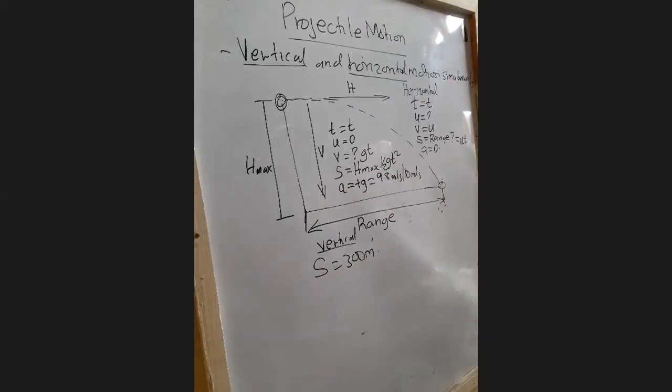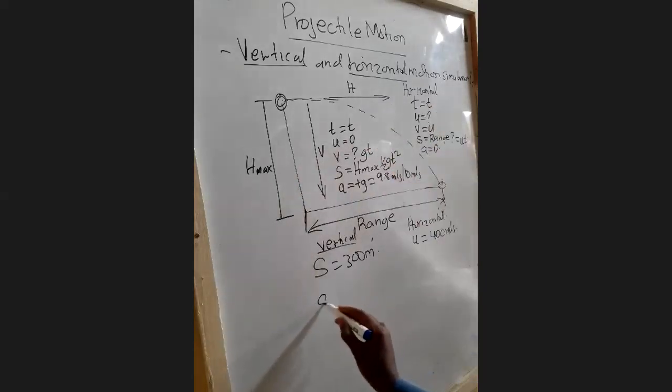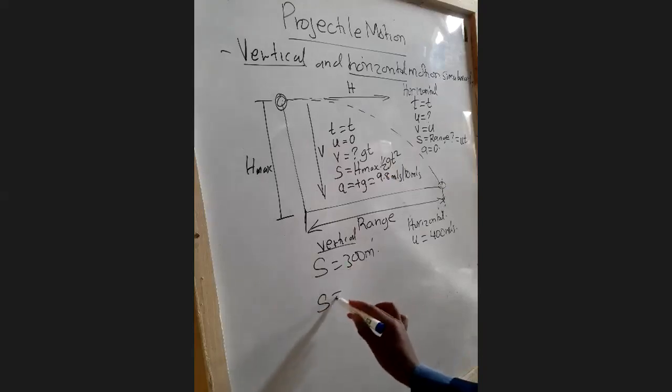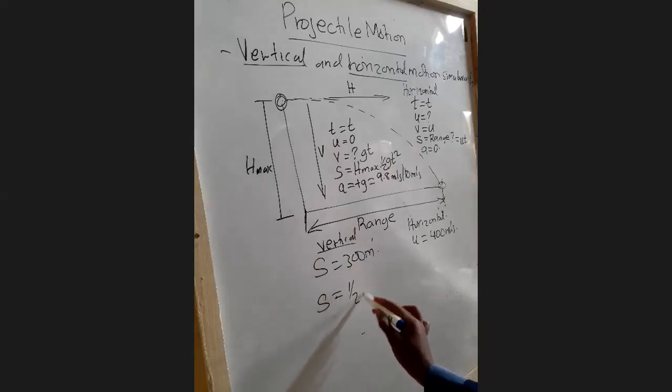And for horizontal, we have been given the initial velocity U, which is 400 meters per second. With that, we know T is the same. S, which we have here, can be given as a half gt square.